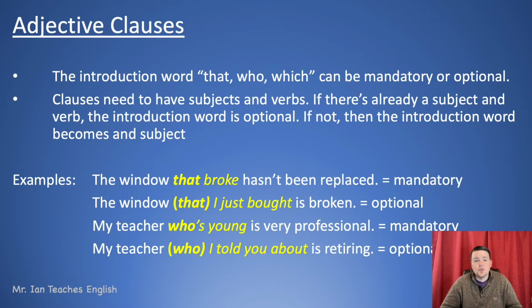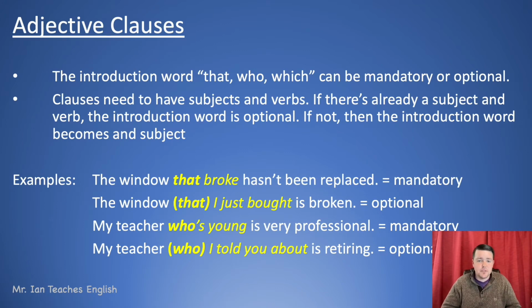All right, so these introduction words of that, who, or which can be mandatory or they can be optional. Well, be careful here. Clauses need to have subjects and verbs. Now, if your clause already has a subject and verb, the introduction word is optional. If you don't already have a subject and verb, then the introduction word becomes that subject.